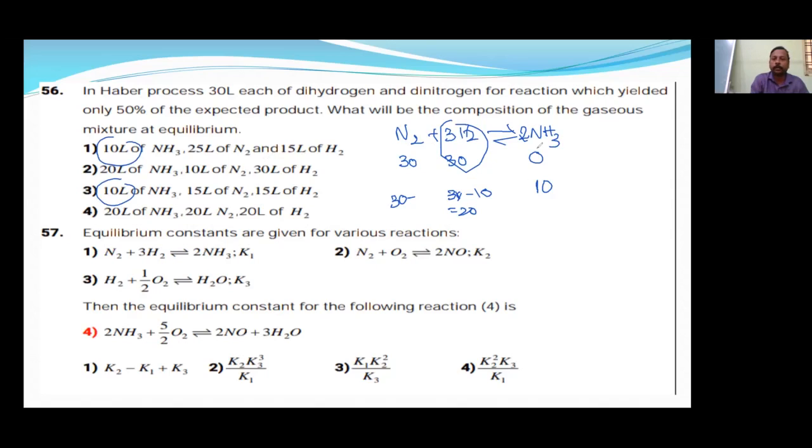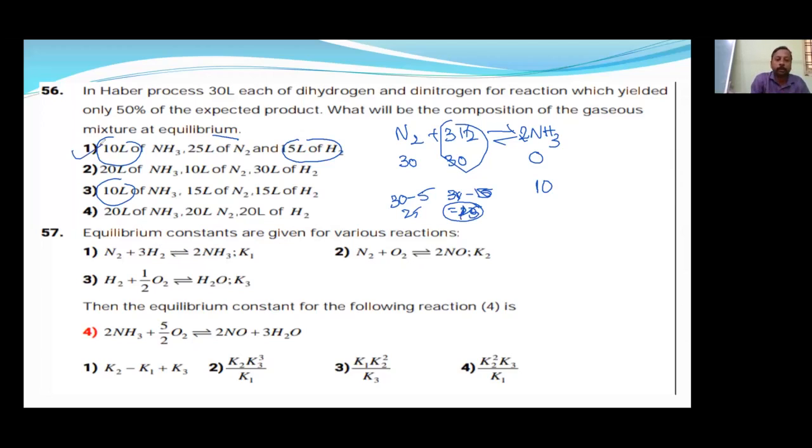Out of this, 2 liters means this will be 5 liters only. So 15 liters of hydrogen and 25 liters. Here 5, only 50% is used. So 30 minus 5 will be 25. So the answer will be 15 liters of hydrogen and 25 liters of nitrogen. So option A is correct.